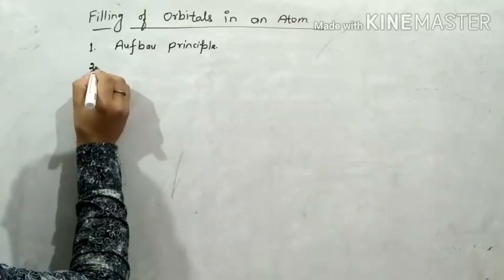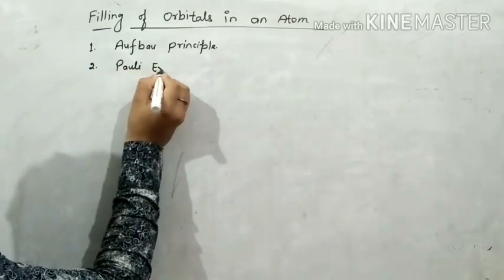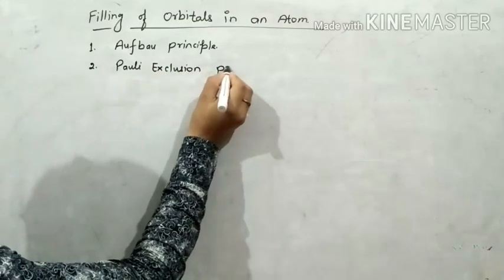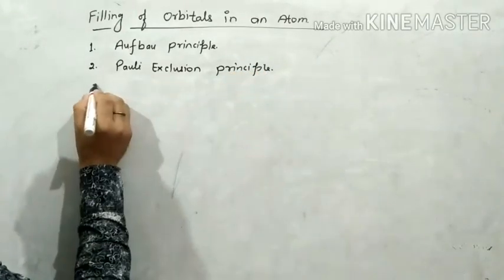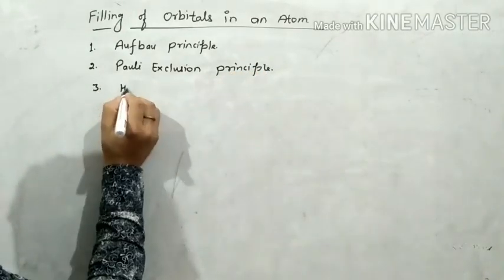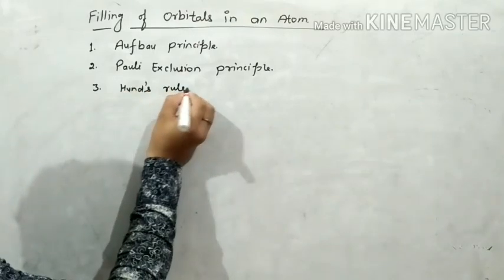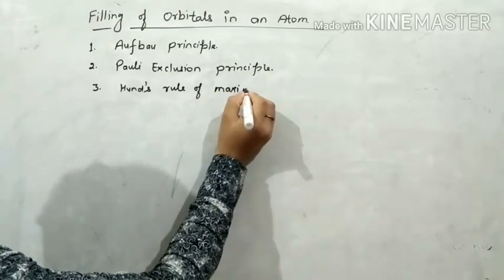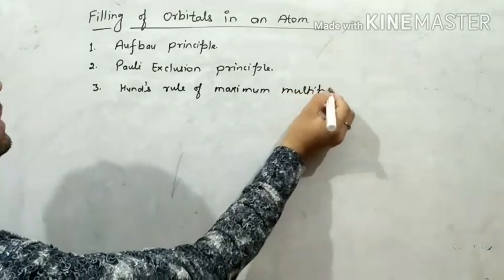The second rule is the Pauli exclusion principle. And the third one is Hund's rule of maximum multiplicity.